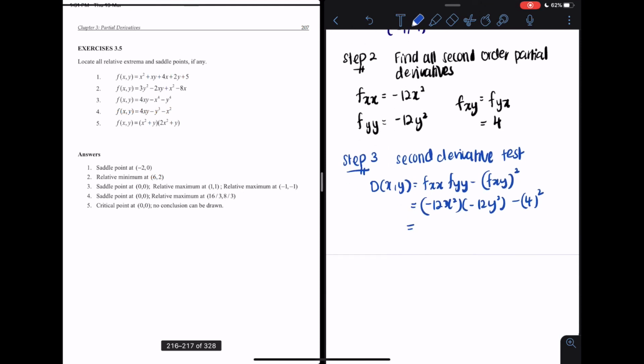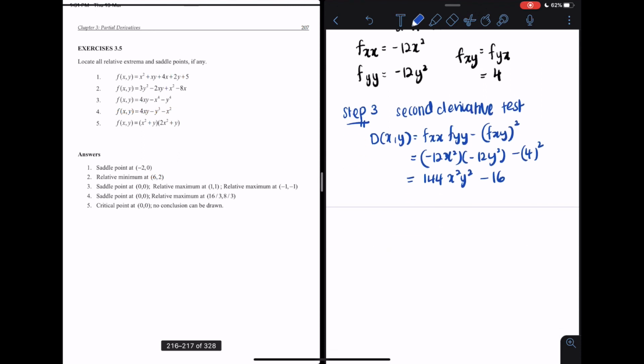You get 144 x squared y squared minus 16. Then step number 4, which is the last step, conclusion.